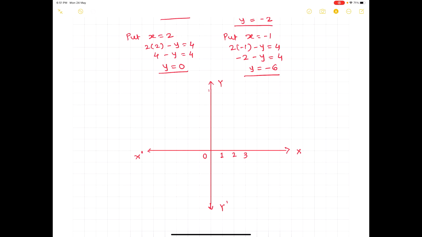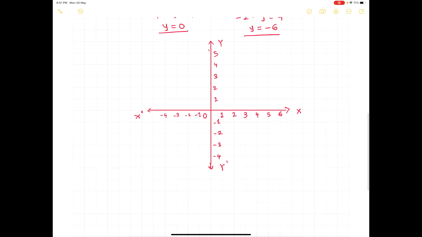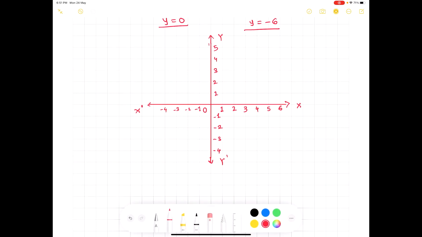Then write down the points. 4, 5, 6, minus 1, minus 2, minus 3, minus 4, 1, 2, 3, 4, 5, then minus 1, minus 2, minus 3, minus 4, minus 5, minus 6.